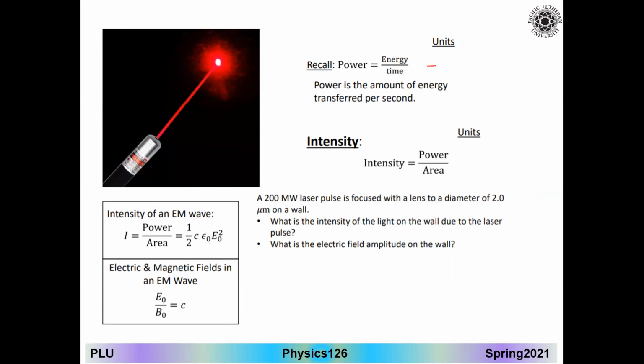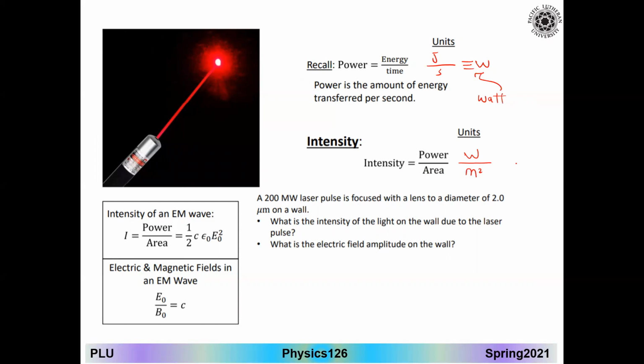The unit is energy in joule divided by time in second, and this ratio we call watt. Similarly, the intensity of EM waves is defined as power per area, the power to area ratio. The unit will be watt per meter square.